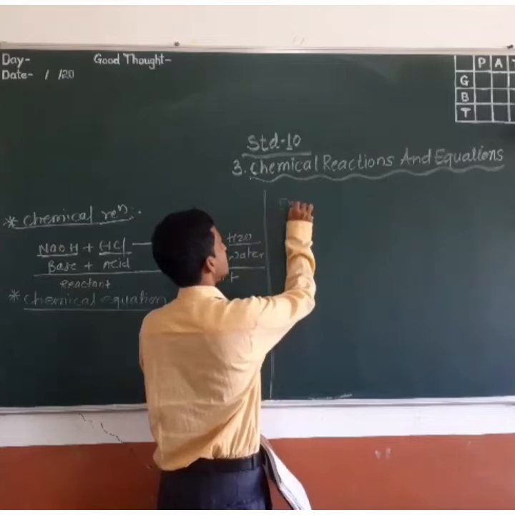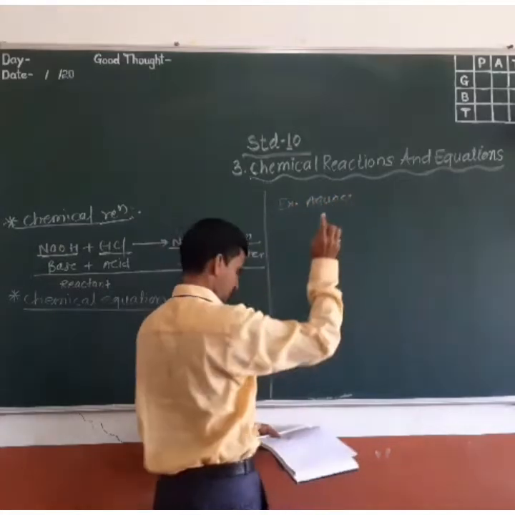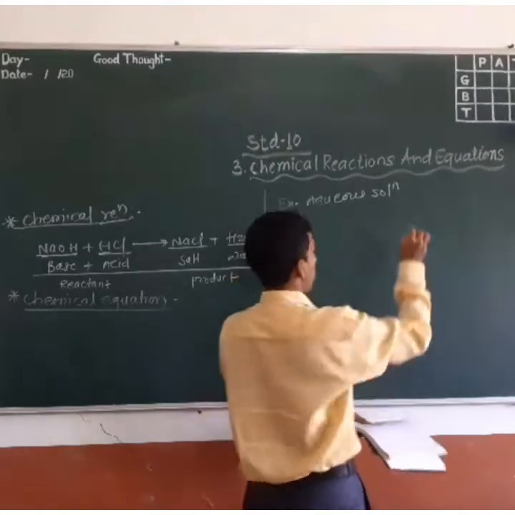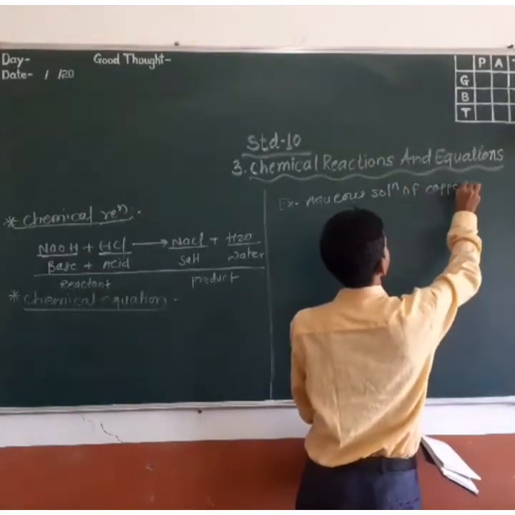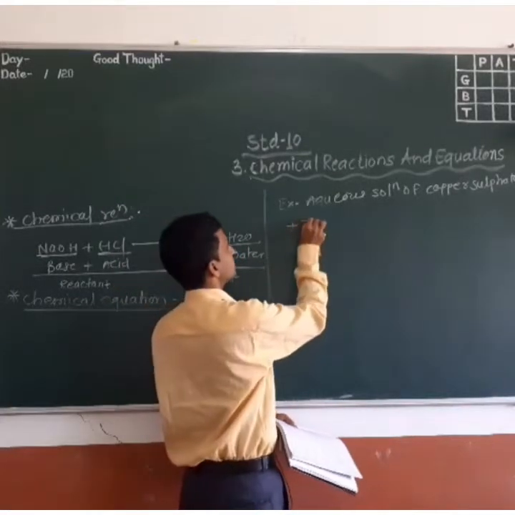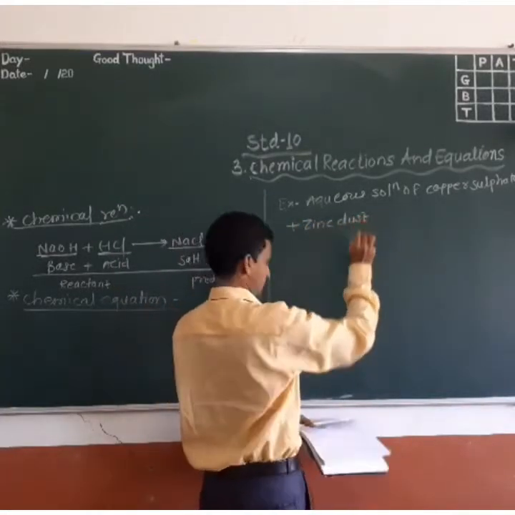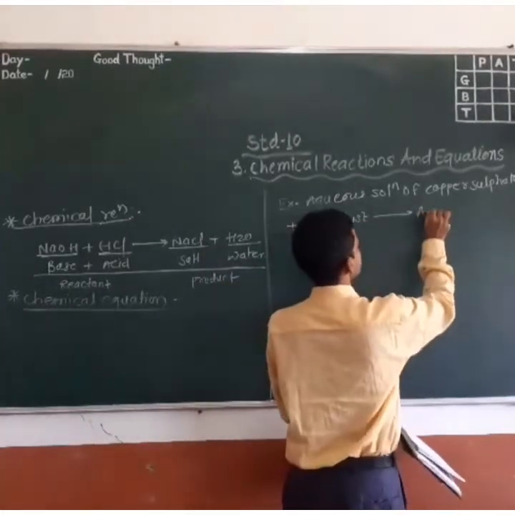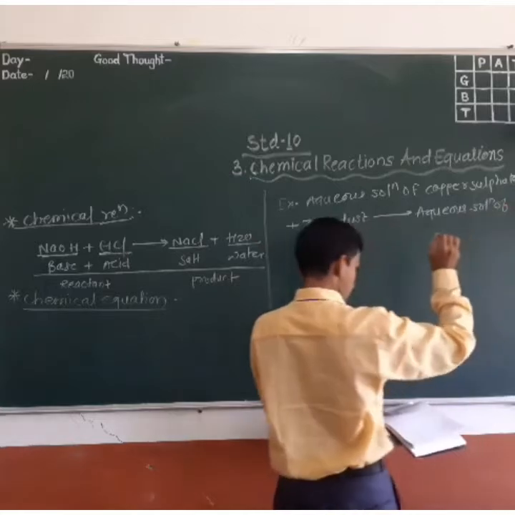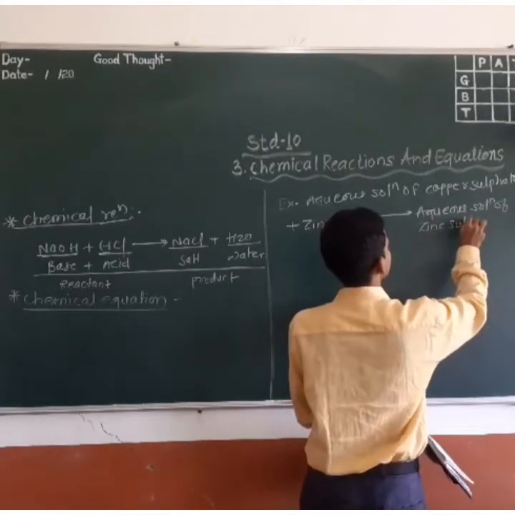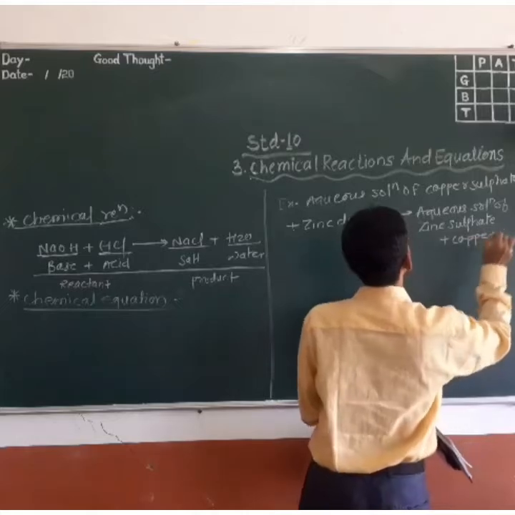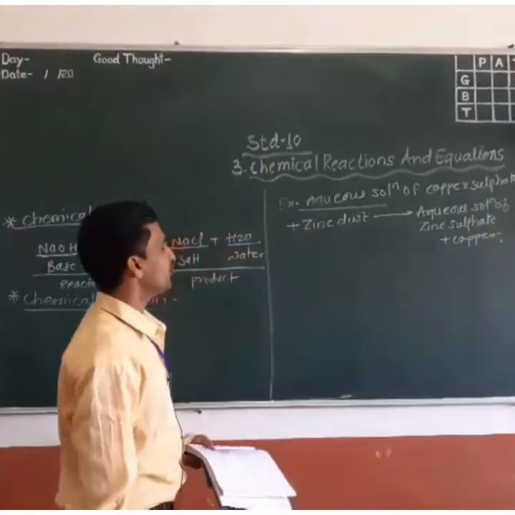For example, aqueous solution of copper sulfate plus zinc dust to form aqueous solution of zinc sulfate plus copper is the word equation, and then the formula equation.